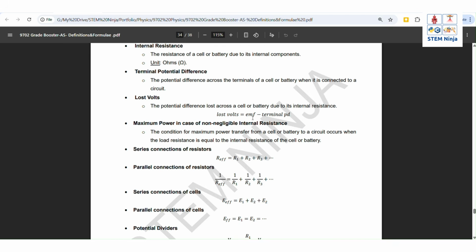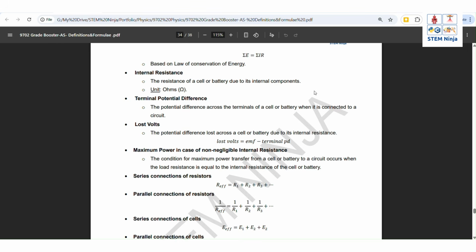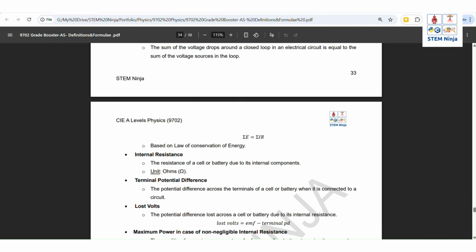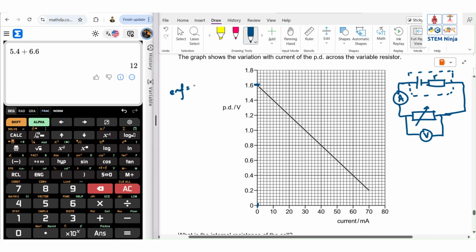Lost volts is equal to EMF minus terminal potential difference, where terminal potential difference is the potential difference across the terminals of a battery when it is connected to a circuit. So EMF would be equal to the terminal PD plus lost volts.